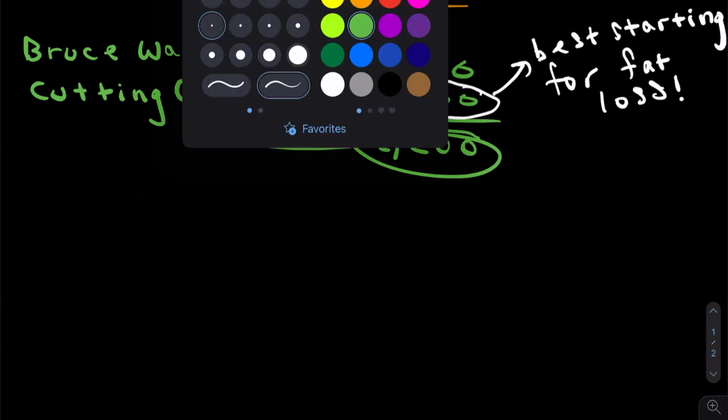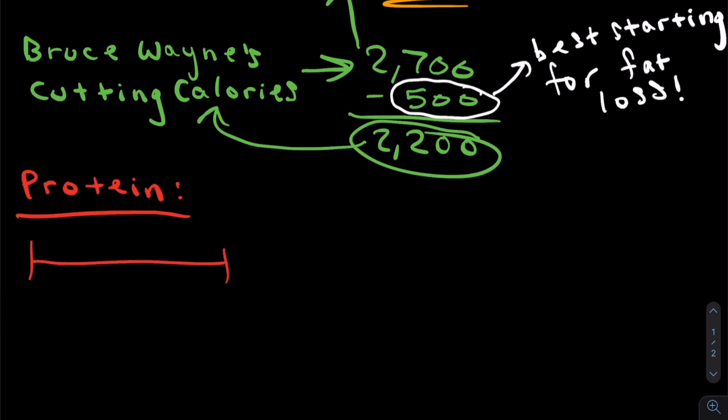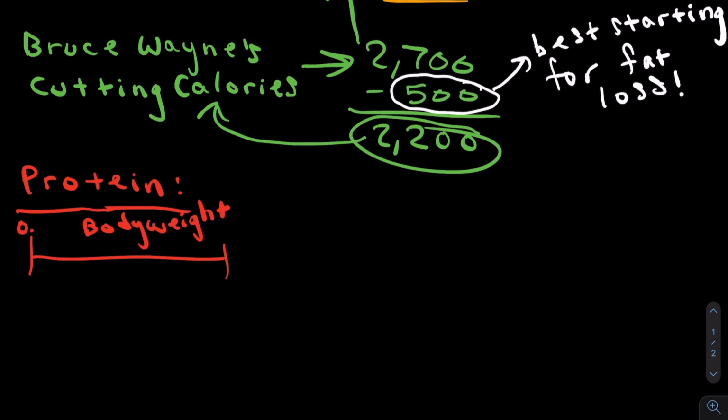So now that we have this, we're going to figure out our protein, fats, and carbs. So basically for protein, I have a specific scale that I like to incorporate. So body weight. I basically like to use anywhere from 0.8 to 1 gram of protein.